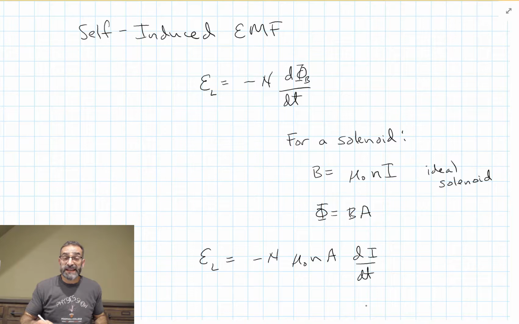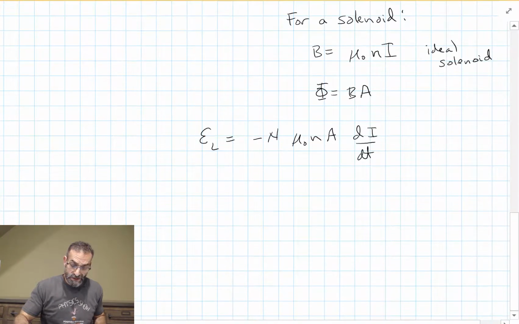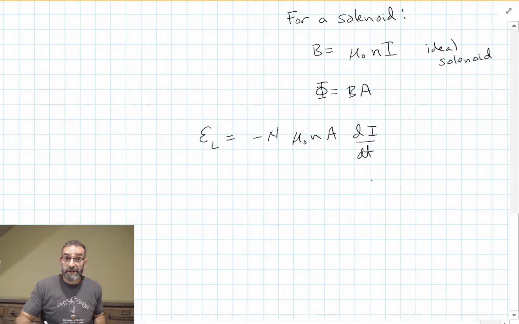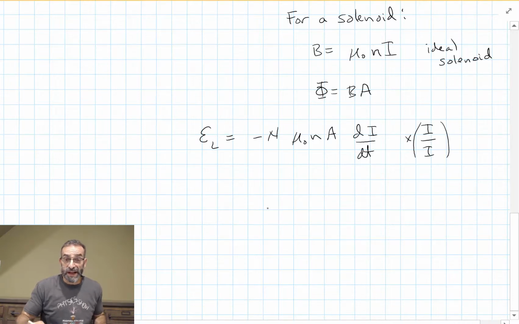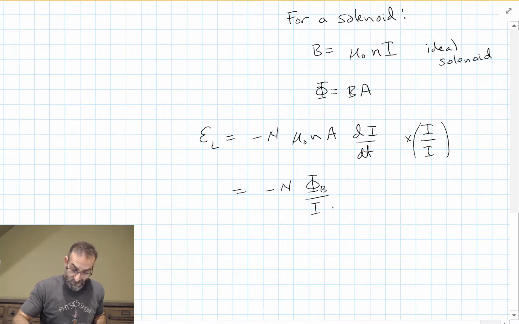And we can see the only thing changing in time was the current. If we multiply by I over I, we don't change this value at all. And then we can write the numerator in terms of the flux. And we call this the inductance.